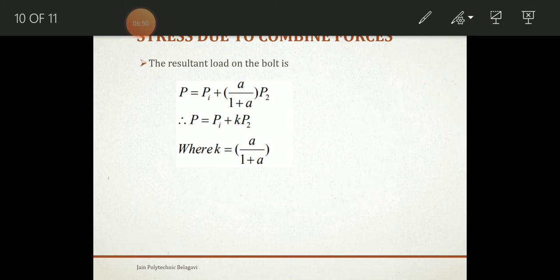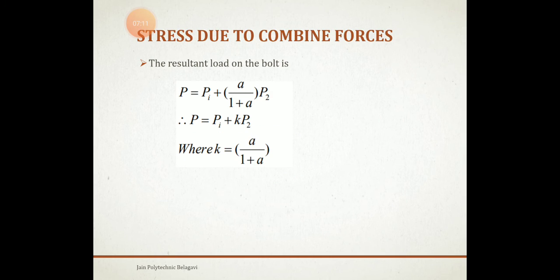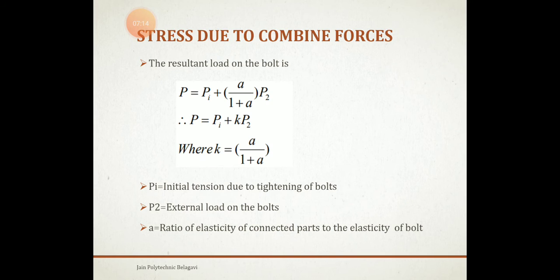These are the combined stresses, meaning the initial force and the final force. When they are given, you can calculate the overall force, P equal to Pi plus K into P2, where K is the factor which you can determine using the formula a divided by 1 plus a, where a is the ratio of the elasticity of the connected part to the elasticity of the bolt.